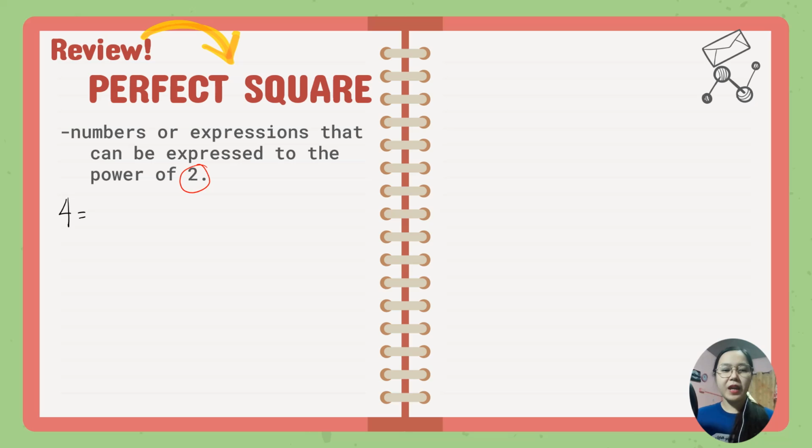Think of a number that when you multiply it by itself, the answer is 4. Correct, number 2. So 2 multiplied by 2 is equal to 4, or 2 times 2 is written as 2 squared. Thus, you can see here we have a power of 2. Therefore, 4 is a perfect square.